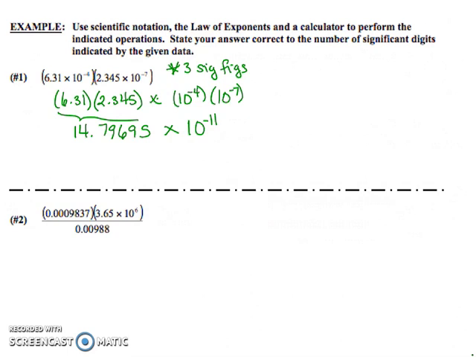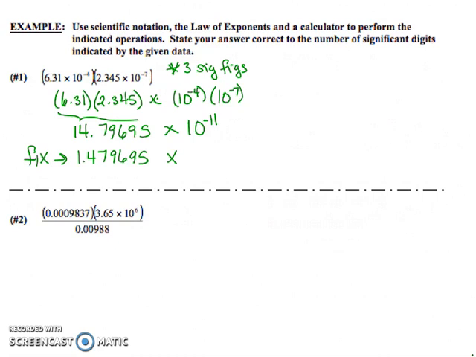Now the problem with this answer is, number 1, it's not in correct scientific notation. Number 2, it doesn't have the correct number of significant figures. So first, let's fix the scientific notation. Right now I've got 14 point something. I need this to become 1.479695. Now, I had times 10 to the negative 11th. That was a small number, right?